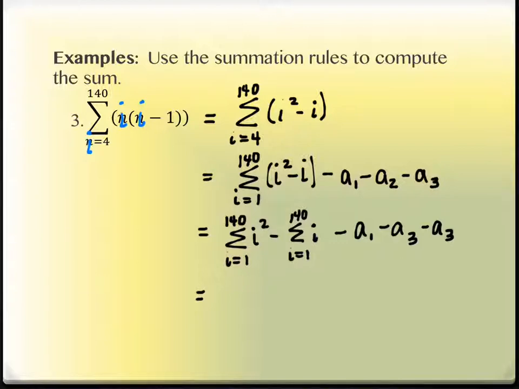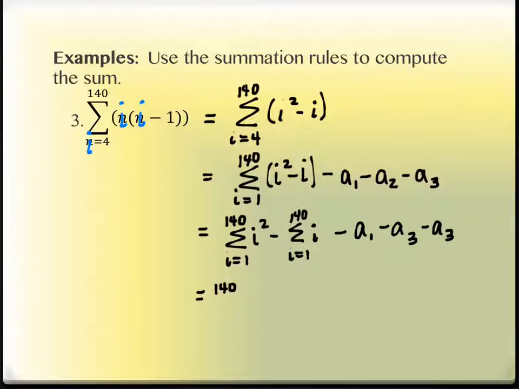Okay, so flip back then, page before, and you've got some properties. They tell you what you're going to do in order to find the summation from i equal 1 to 140 of i squared. What are you going to have to do? Okay, and n equals the 140 in our case, right, Allison? Yeah.